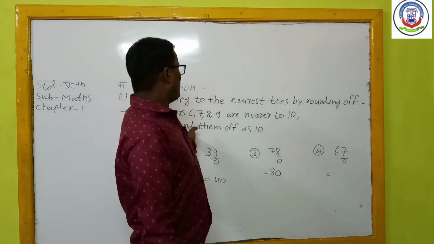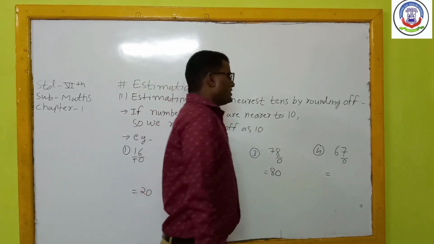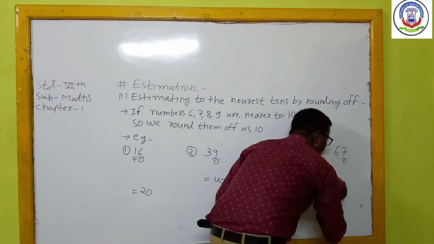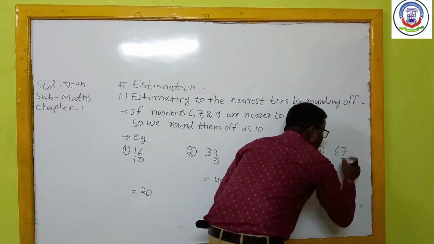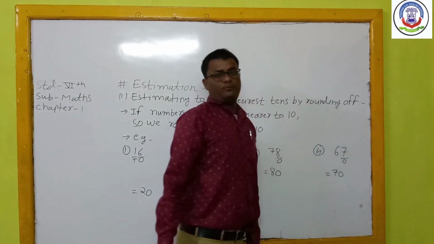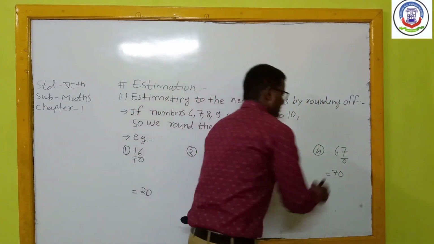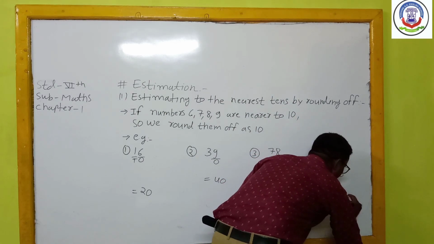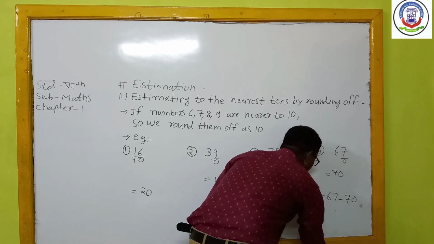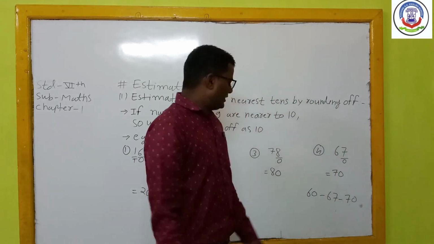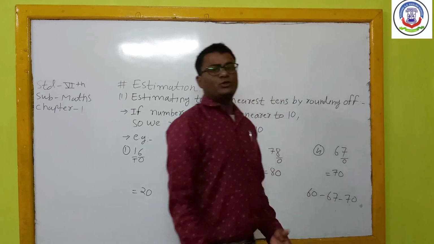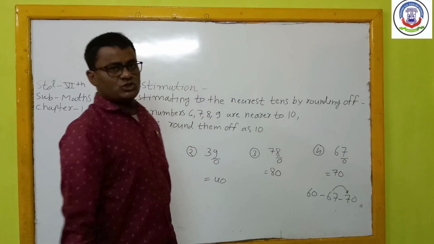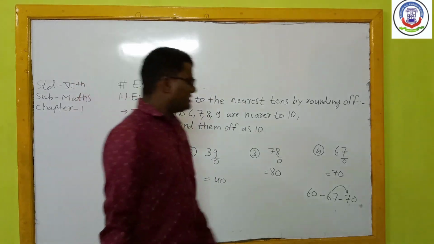Because it is rounded off to 10, we will add 1 to 6, it will become 7 and the 7 becomes 0. Yes, 67 comes in between 60 and 70. Now you can clearly see that 67 is nearer to 70, so the required rounded off number is 70.